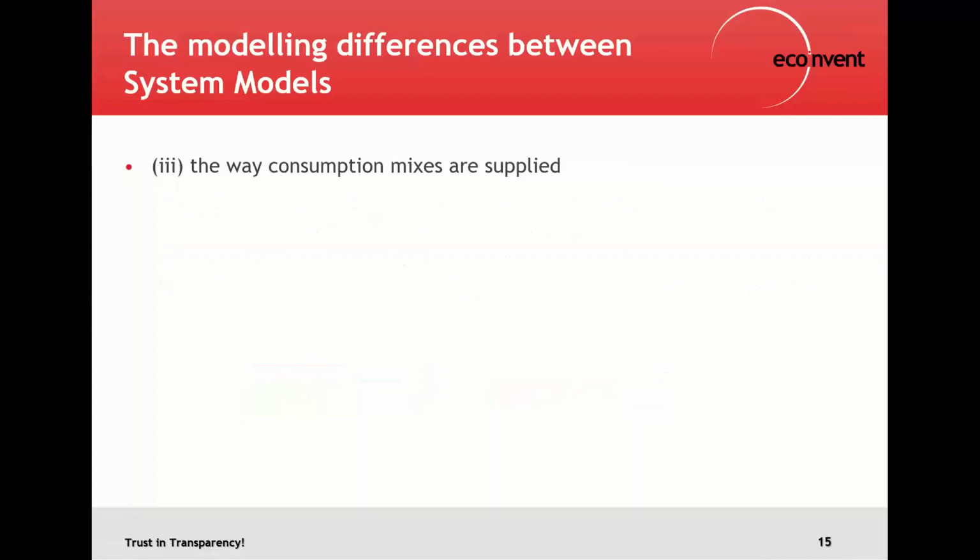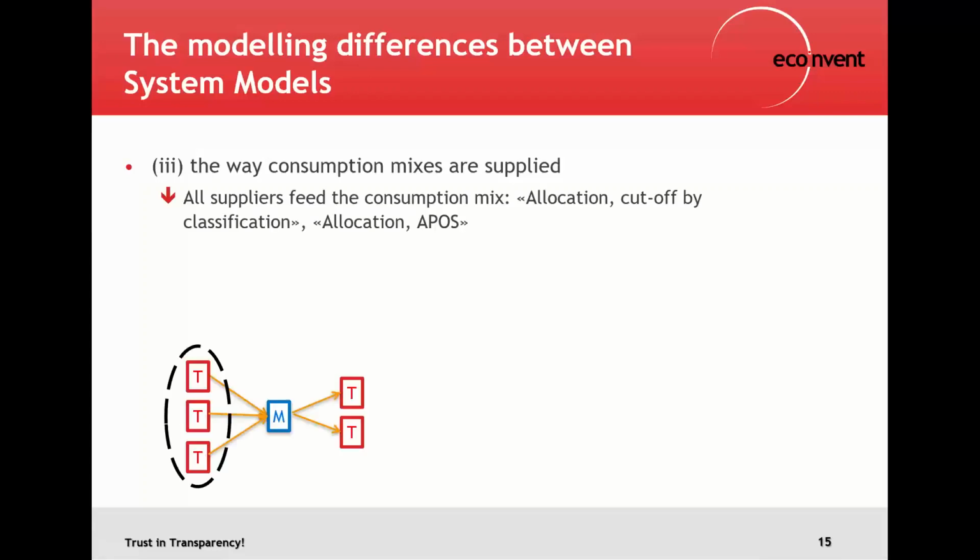The third difference between system models refers to the way consumption mixes are supplied. In the case of the attributional system models, so allocation cut-off by classification and allocation APOS, all suppliers are supplying the market, the consumption mix.